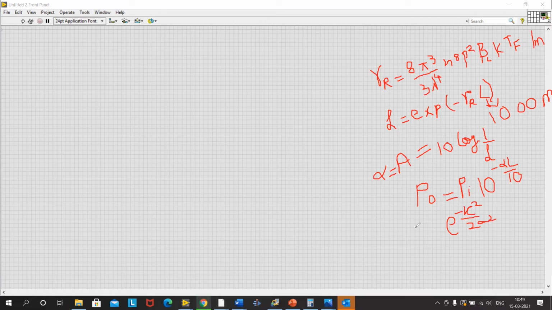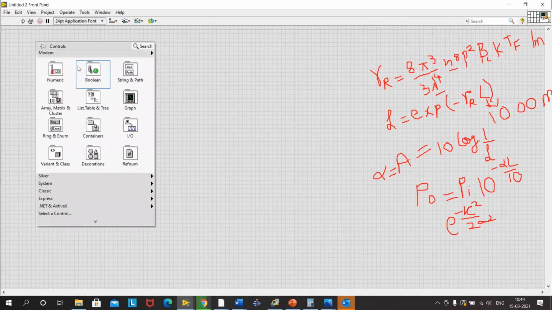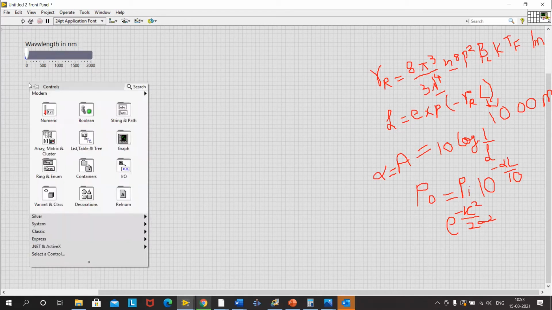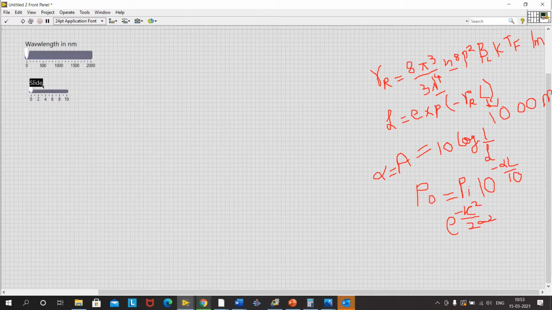So first we'll start by selecting our input parameters. First we will select the wavelength in nanometers. After wavelength, the next parameter that we have to input is the refractive index of the core.